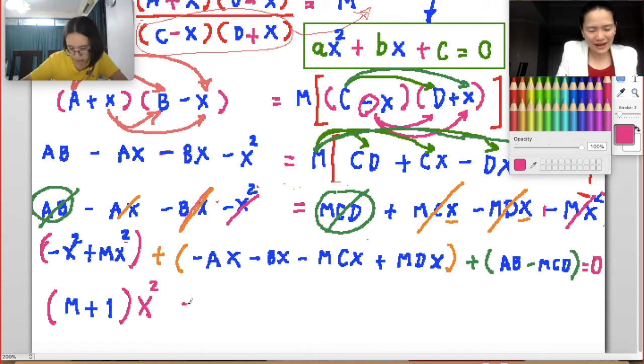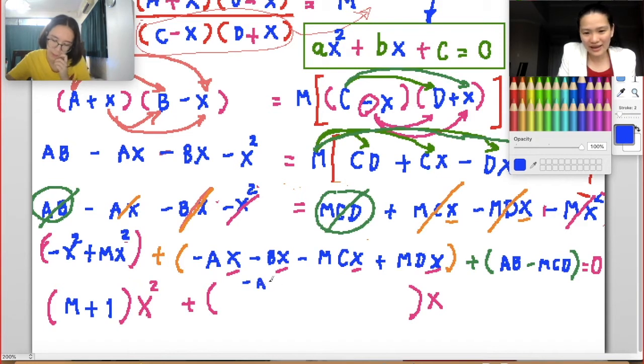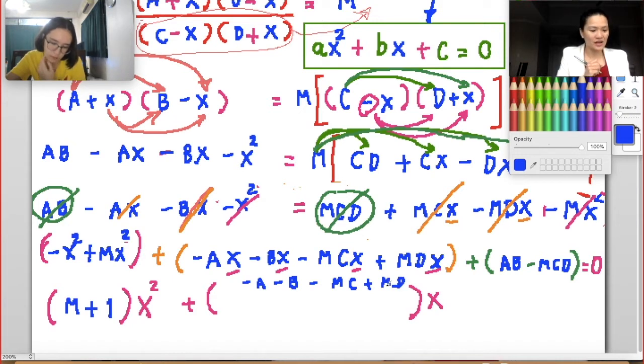So you plus it with all of this term. I try to put everything but x outside the equation. So it turns out to be minus a minus b minus mc plus md. No? But I put minus a. No, something wrong here.